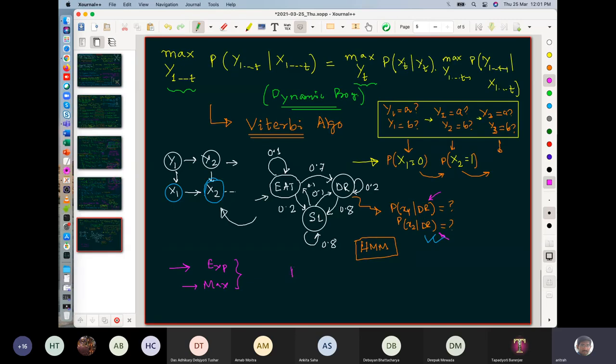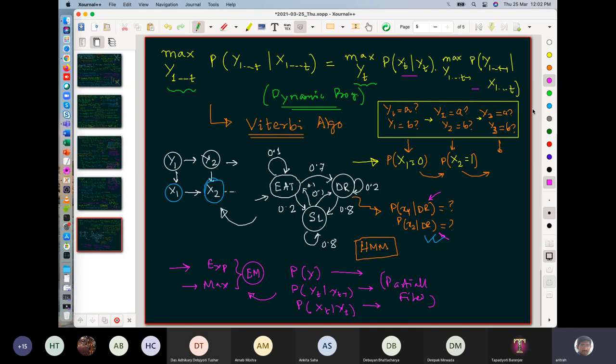So what would be partial? The partial can be the priors. The partial can be the transitions. The partial data can also be with respect to the emissions. So for these tables, if they are partial, then obviously you need to go by the EM algorithm, as we did in the earlier cases, because you cannot directly compute such things.